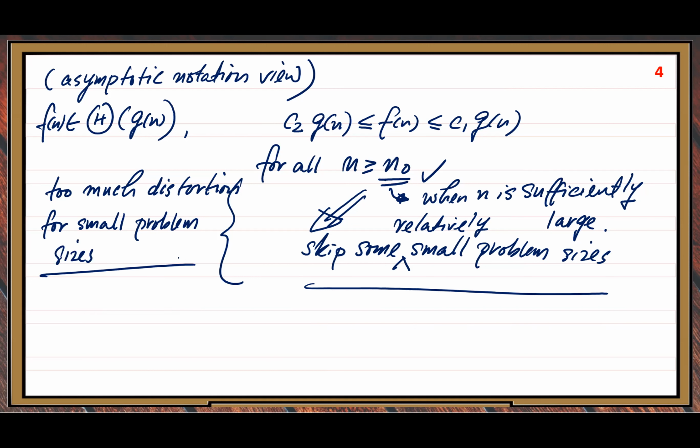The distortion away from your formula comes because the overhead part will make the distortion.